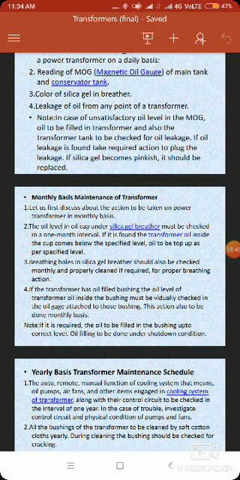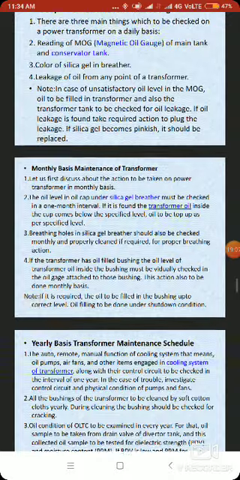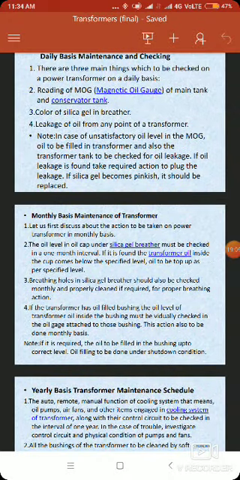If you don't have a breather, then expansion and contraction of the oil is always done through the breather. The main purpose of this breather is that whatever atmospheric air goes through this breather into the transformer tank, whatever moisture it has gets captured by the silica gel, and the breathing hole should be checked.